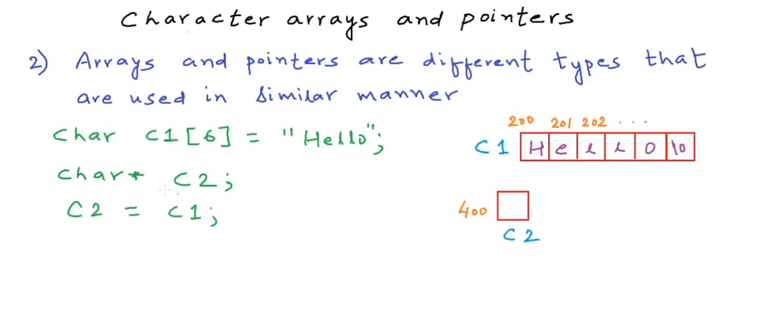Even though C1 is a variable name for a character array, and C2 is a pointer to character, this expression is valid. Just using the name of the array actually returns the address of the first element in the array. So this statement will fill in the address 200 in C2. So C2 now points to the first element in the array.